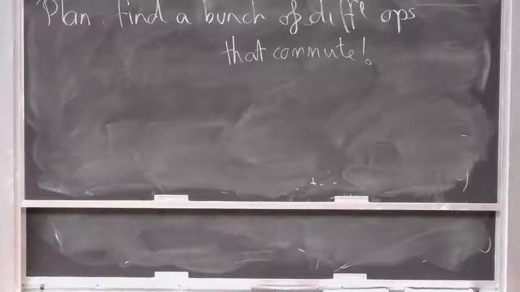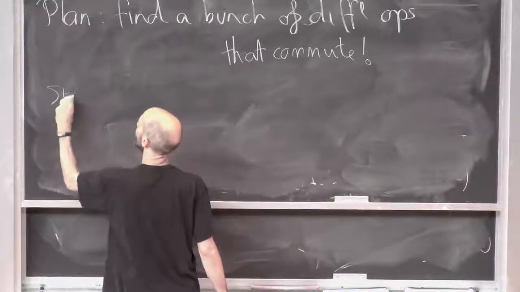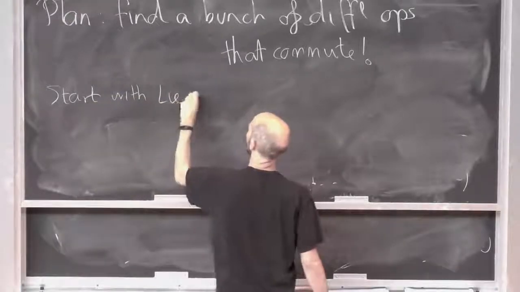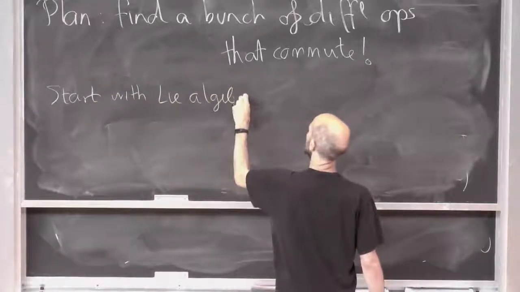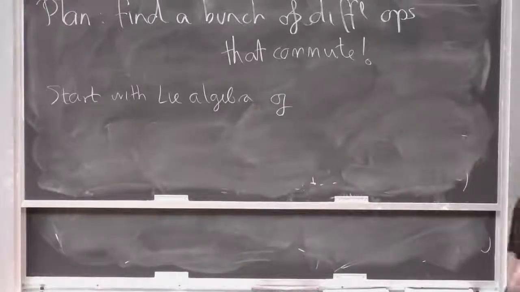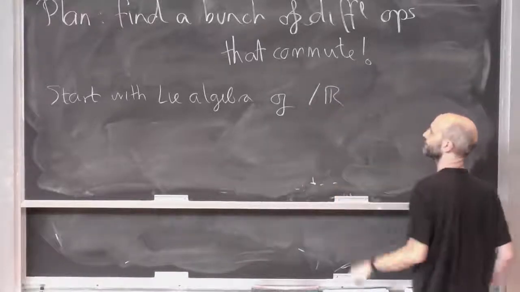So this G is a Lie algebra, right? Let's start with a Lie algebra G. I guess G is GL2R. These Lie groups are real manifolds. So I'm going to start with the Lie algebra G over the reals.